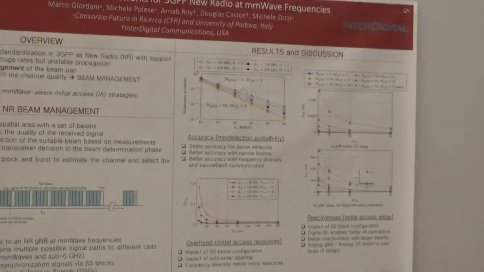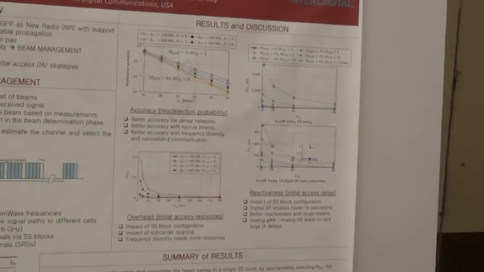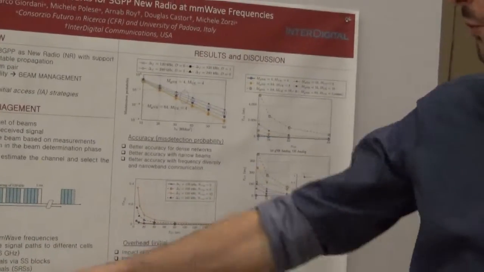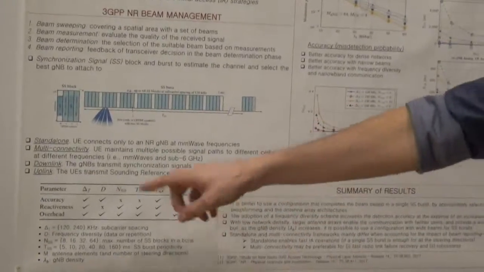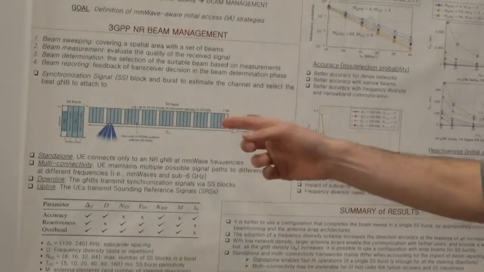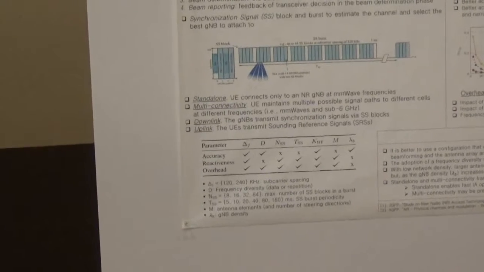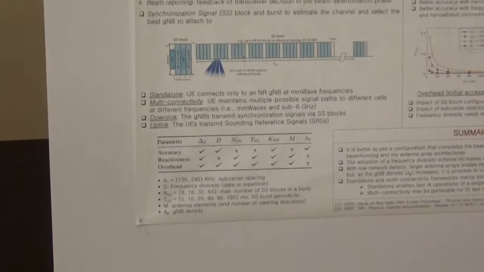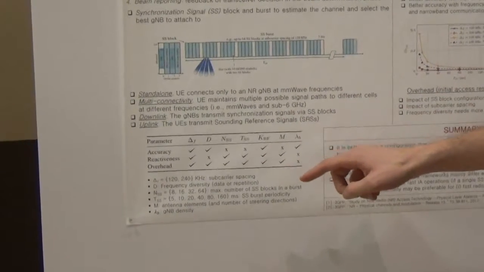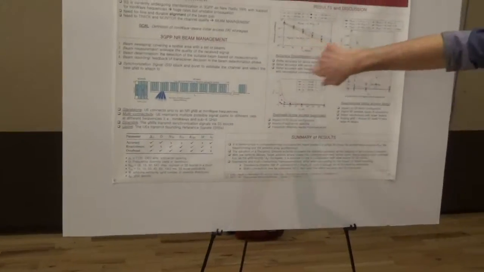Then we plug in the New Radio standardization parameters, and as you may see here, this is just a selection of them: the subcarrier spacing, the frequency diversity scheme, the number of SS blocks in a burst, the periodicity of the bursts within the frame, the beamforming architecture, analog, digital or hybrid, the antenna configuration, so the number of antenna elements in the array, and we also try possible values of density.